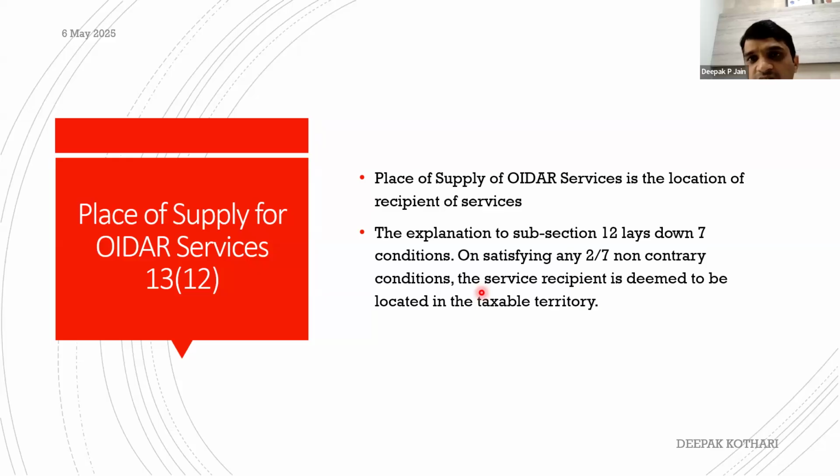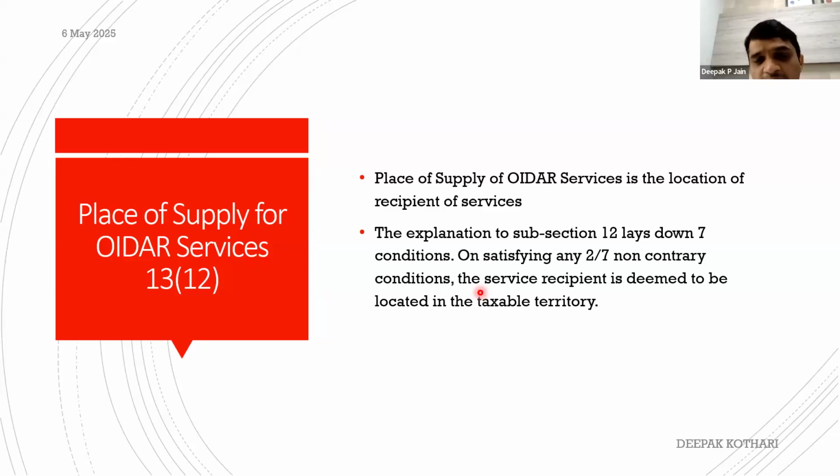So when it becomes uncertain or unclear to determine whether the recipient is in India or not, or whether he is located in a taxable territory or not, the section itself lays down 7 conditions. And if the recipient satisfies any 2 out of these 7 conditions, then the recipient will be deemed to be located in the taxable territory.